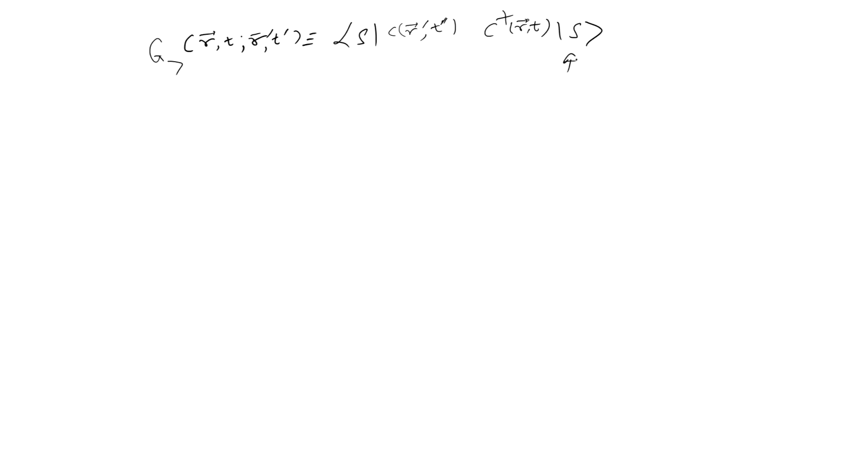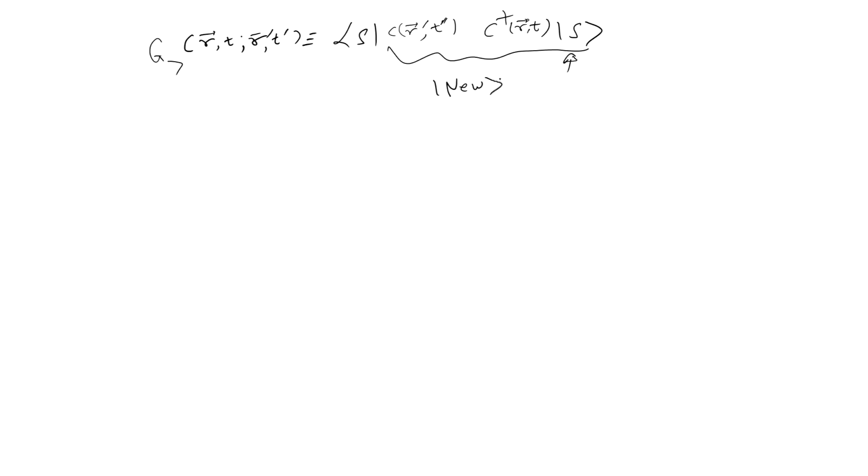So, what you do is you create a particle at position r, time t, and then you annihilate it at a different time and at a different position, and then you ask yourself. As a result you will get a new state, I am going to call it new.